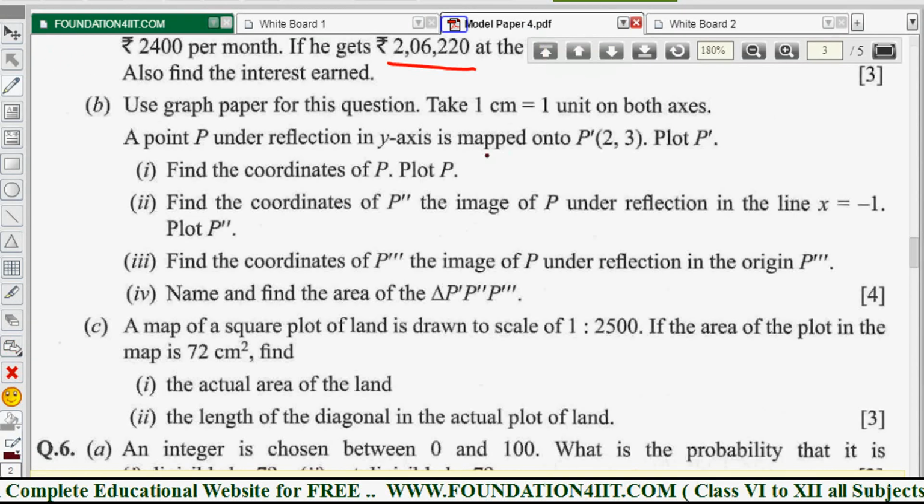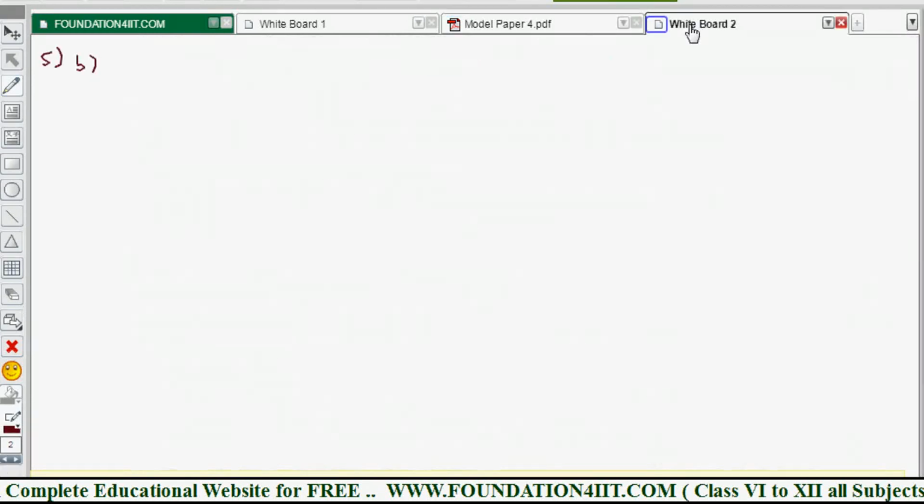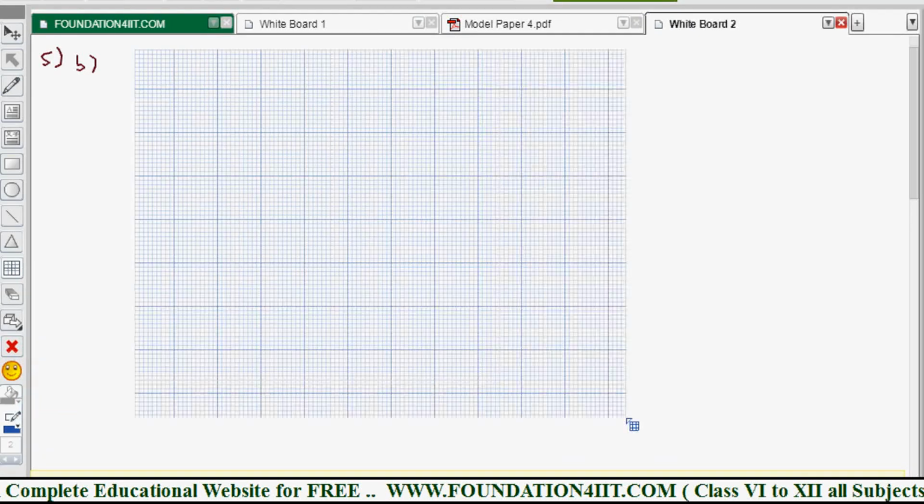A point P under reflection in the y-axis is mapped onto P dash. So P is then minus 2 comma 3 because of reflection on the y-axis. Let me take everything on the graph, you'll understand easily. So if you take the graph paper, we can plot.